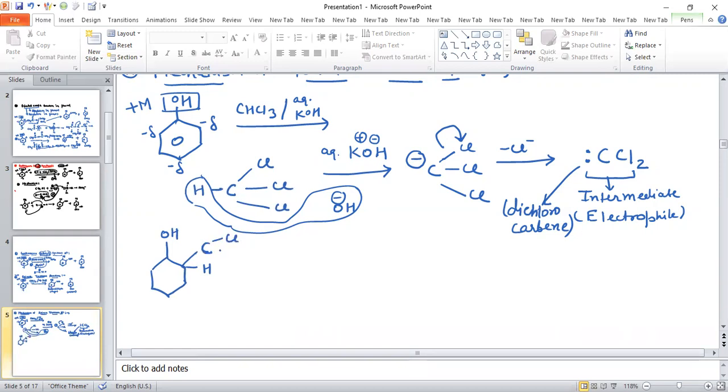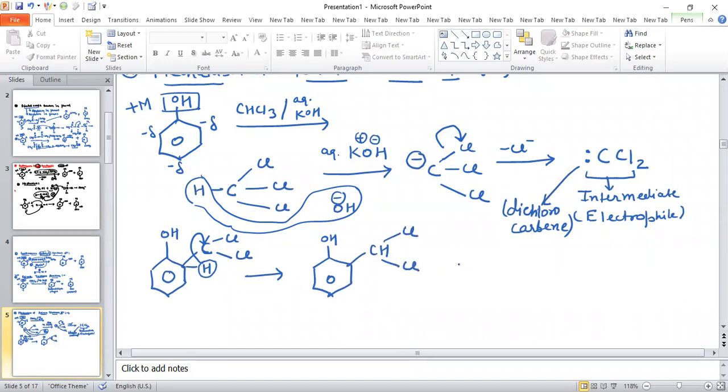When the electrophile attacks, CCl2 will attack like this. So what happens in this case? You can easily identify: this H will move to this carbon. I'm explaining this directly. So this is the phenol. When this H moves to the carbon, this is CH, and this is Cl, and this is also Cl.